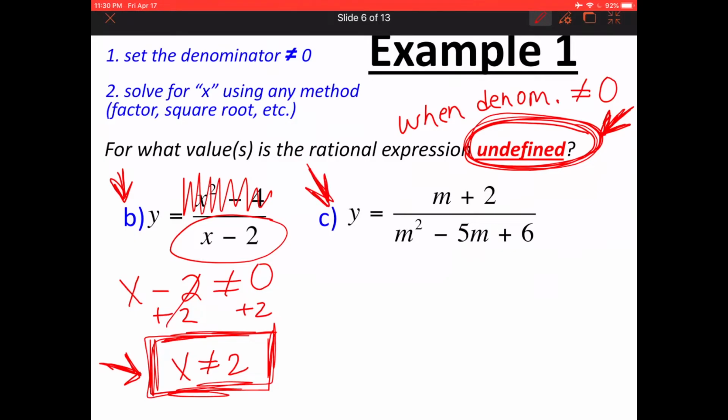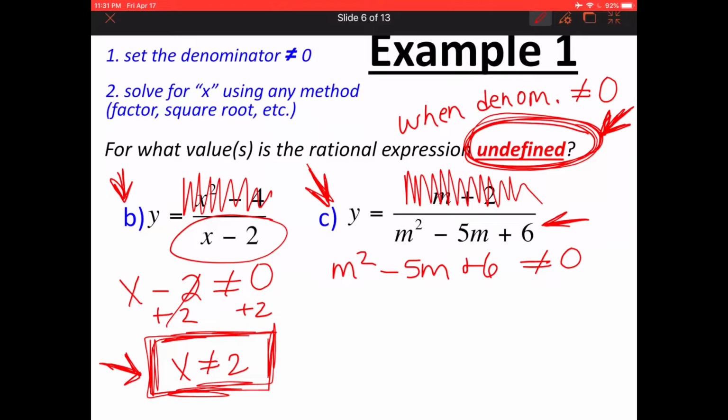Again, I do not care about the numerator, guys. Literally cross it out. We don't care at all when talking about domain or expressions being undefined. But I'm going to take this entire denominator and set it not equal to 0. M squared minus 5m plus 6 cannot equal 0. This is where it does get a little bit trickier, because how are we going to solve this?